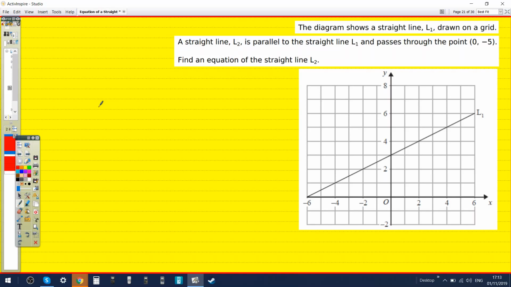I'm not sure. Do you know the general form of the equation of a straight line?